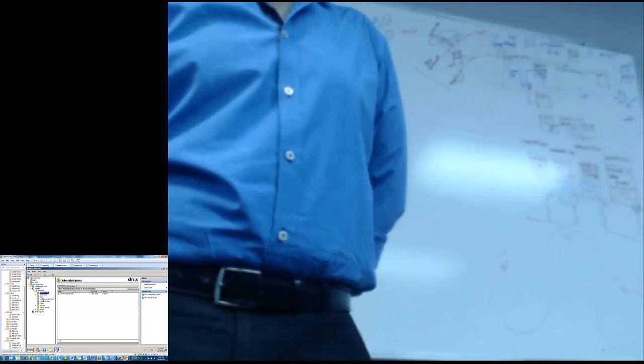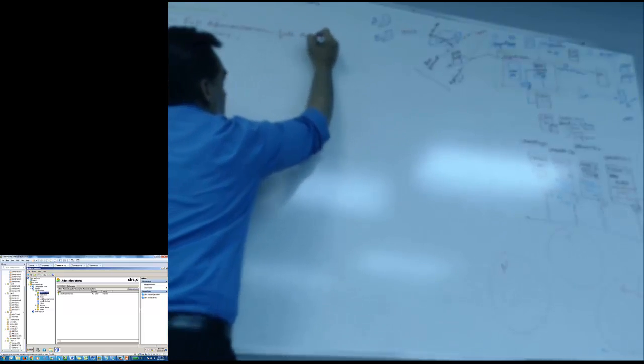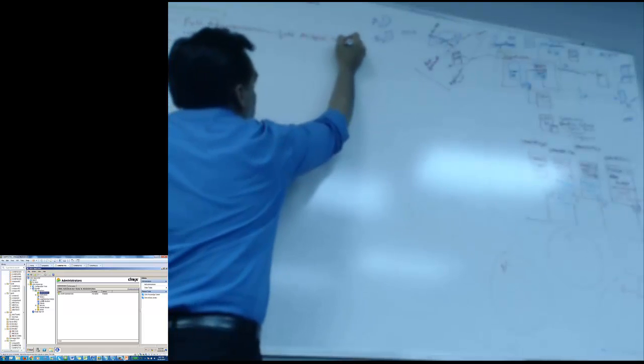Full administrators are those people who will have full access to Citrix. They can add servers, they can remove servers, they can completely remove ZenApp from the environment. They can add more people. So they have full access to Citrix.